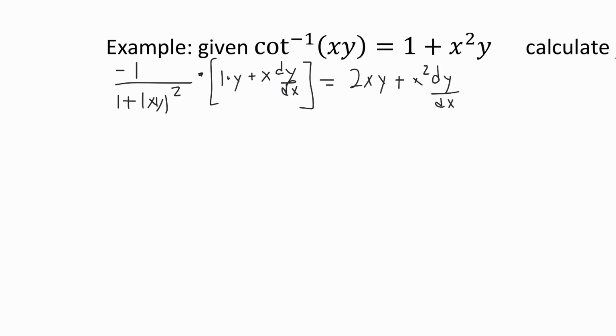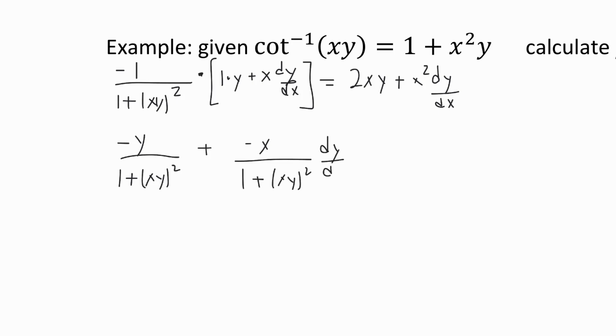Let's go ahead and expand. In the first term, we're going to get a negative y over 1 plus xy squared, plus, well, that'll be negative x over 1 plus xy squared dy dx, equals 2xy plus x squared dy dx.